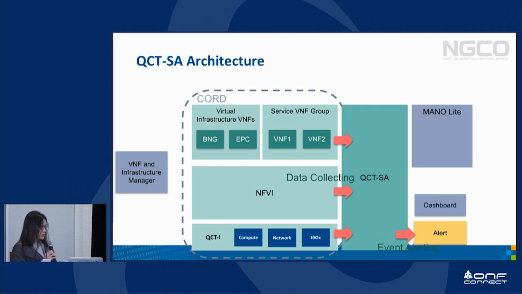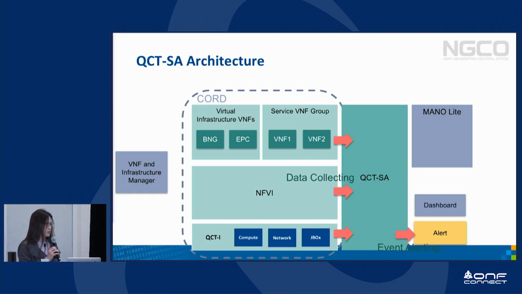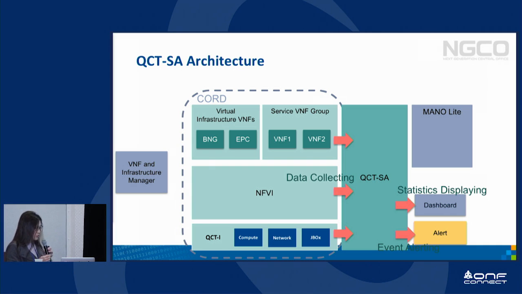If it finds any abnormal behavior, the event alerting sends an alert to the administrator to inform the administrator that the system has some problems. And the dashboard uses the stored data to display the statistics to the administrator.